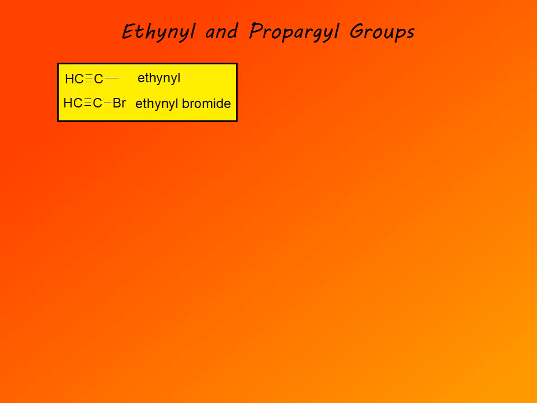Groups that contain a triple bond are the ethynyl and propargyl groups. So the ethynyl group is a simple triple bond. Ethynyl is CCH, and it's used in trivial naming of certain compounds such as ethynyl bromide, or it could be used in naming substituents.